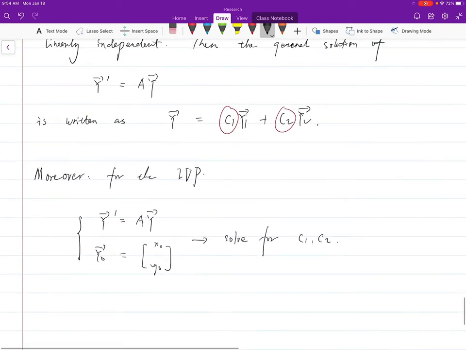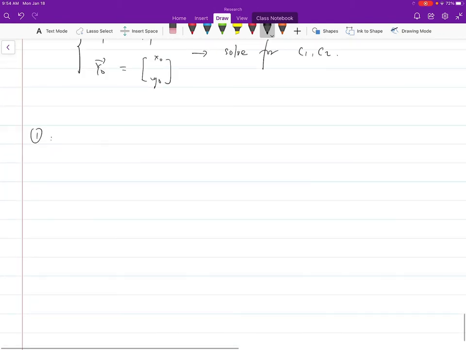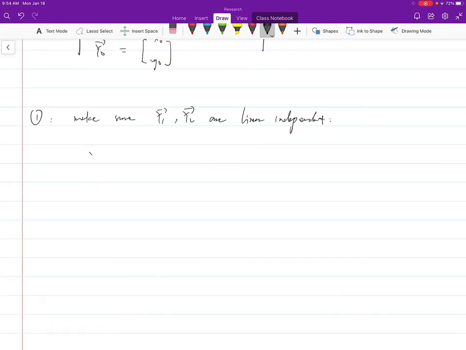All right, so let me write down all the things I wrote down. Number one, make sure y1 and y2 are actually two solutions, not just the same solution, in the sense of they are linearly independent. Okay, in two dimensions, this basically means y2 does not equal a constant times y1.